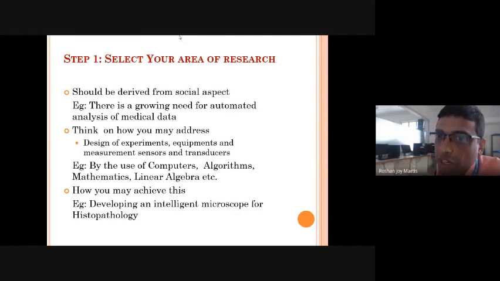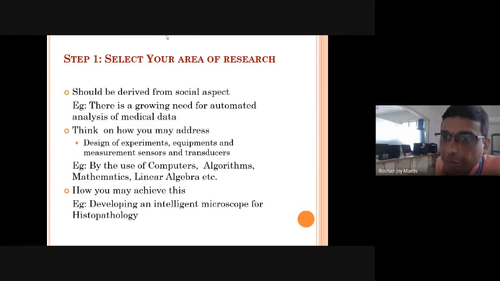We have to use computers, algorithms, mathematics, etc. And how may we achieve this? Maybe an automated heart sound analysis we can do. Maybe an intelligent stethoscope can be developed, which can measure the heart sound and suggest to the physician whether there are any abnormalities or not, with which the physician can easily make a diagnosis.